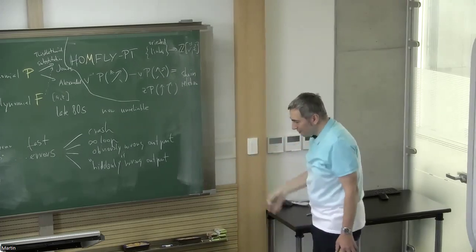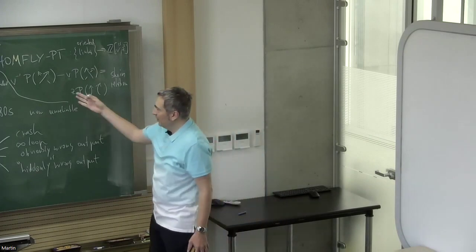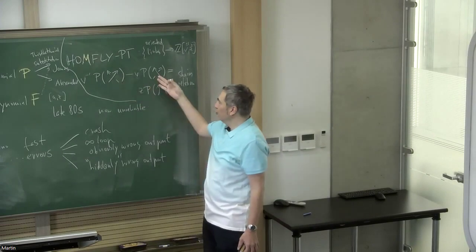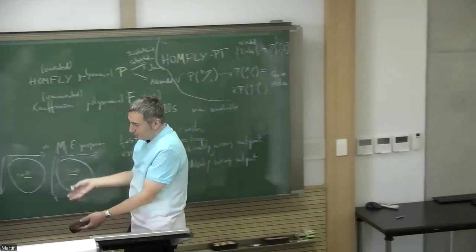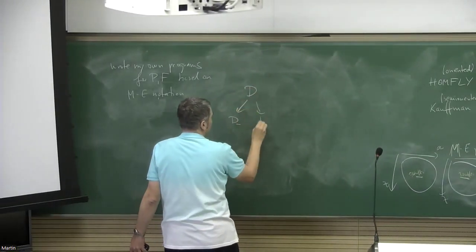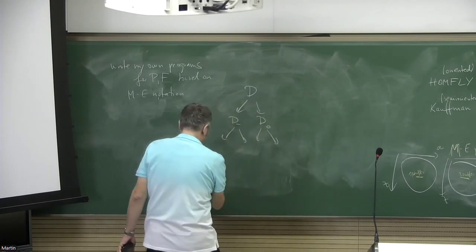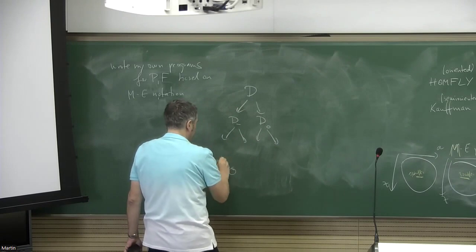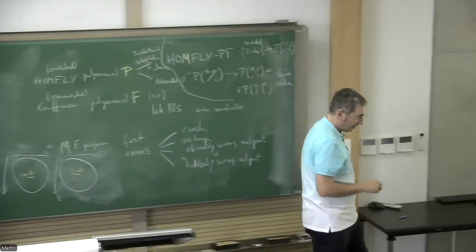And this relation can be used to recursively compute the polynomial, because if you do this properly, you can relate the polynomial of one link diagram to two other link diagrams, but they are simpler. And then you can work recursively until you get down to diagrams that have no crossings. Okay, so diagrams with no crossing, these are unlinked diagrams. So diagrams that look like that.